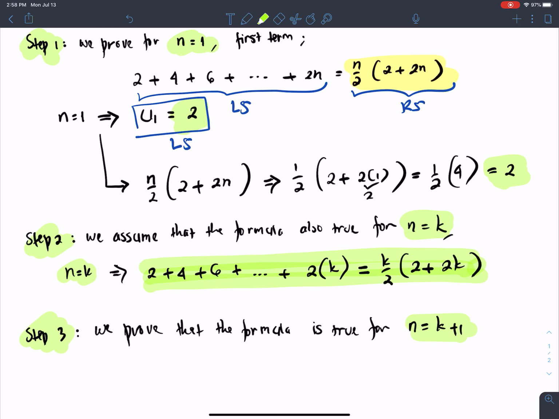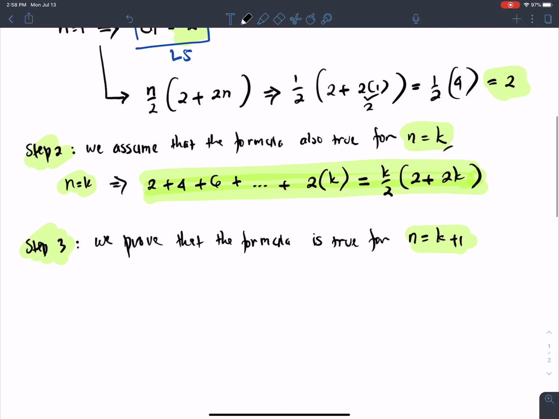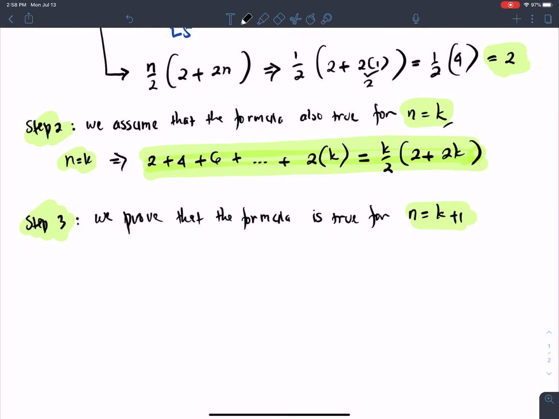Okay, so how are we going to solve this? The process here: we are going to write down for n equal to k plus 1. So we have the model 2 plus 4 plus 6 plus so on plus 2k. This is if n equal to k.